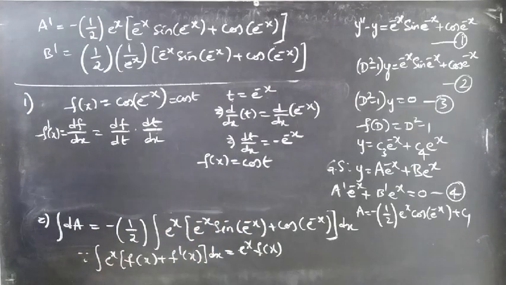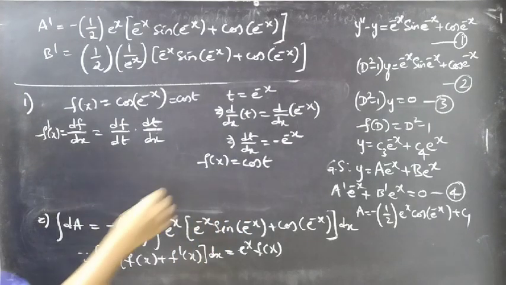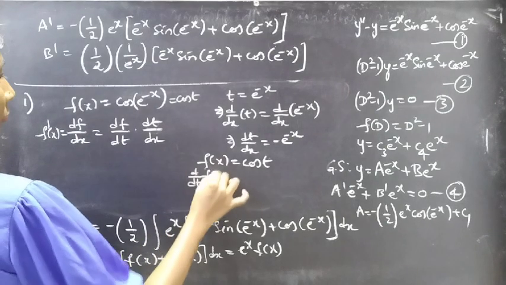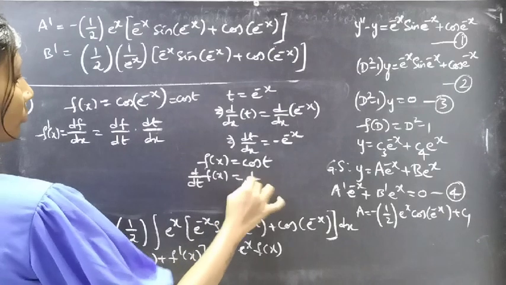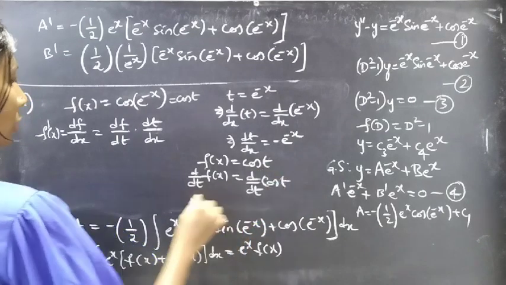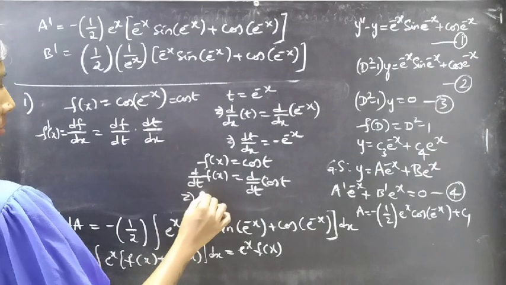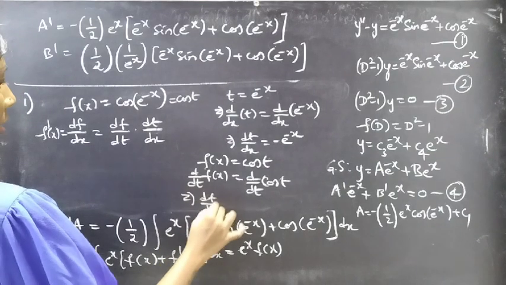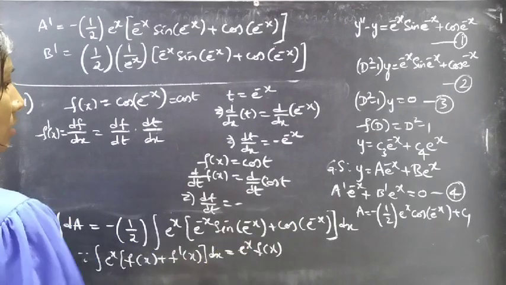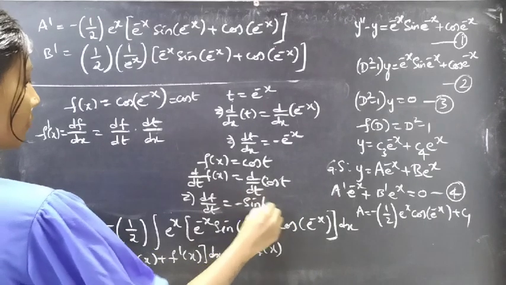Now differentiate on both sides with respect to t. You'll get df/dt equal to the derivative of cos t with respect to t, which is -sin t.